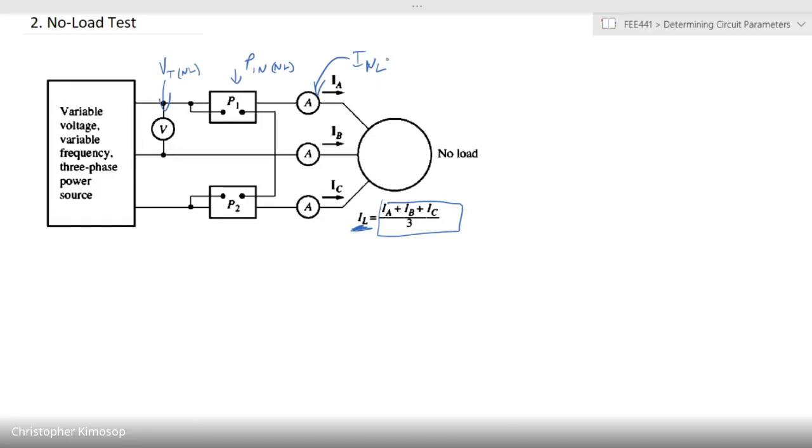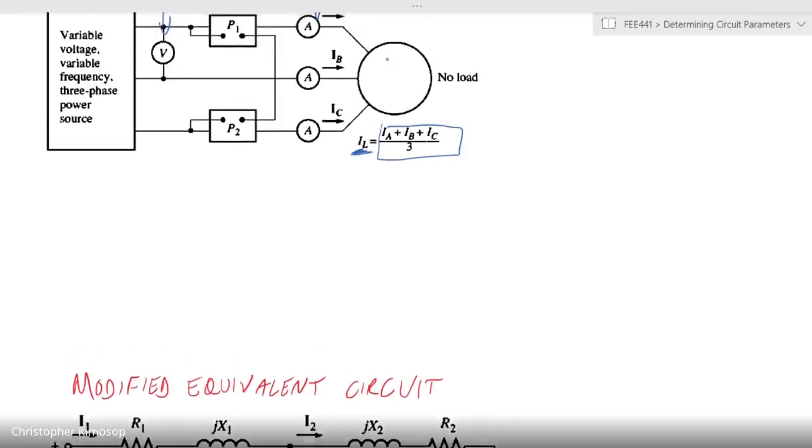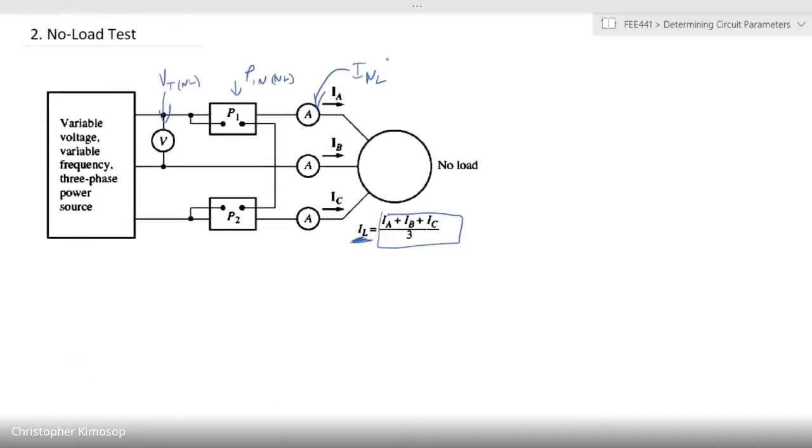Now, one thing that we will need to note from this is that we have powers that are flowing through. And we remember we said that we had the air gap power being equal to the rotor copper losses plus the converted power.